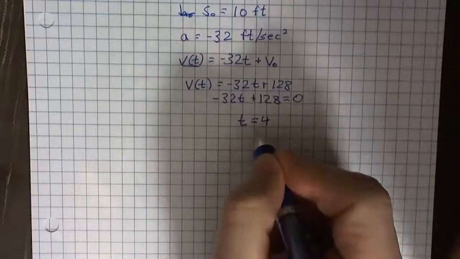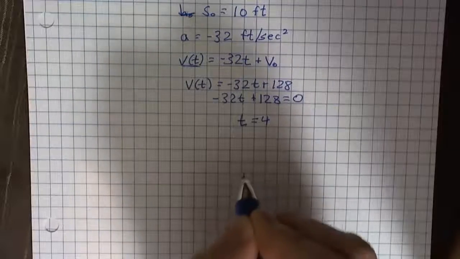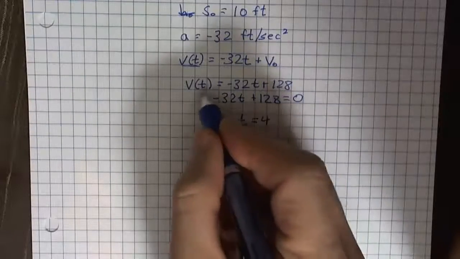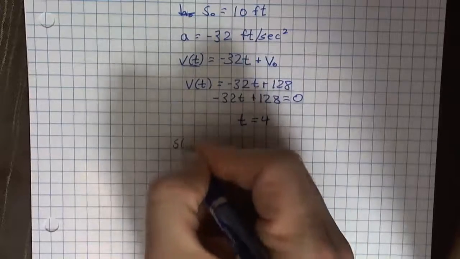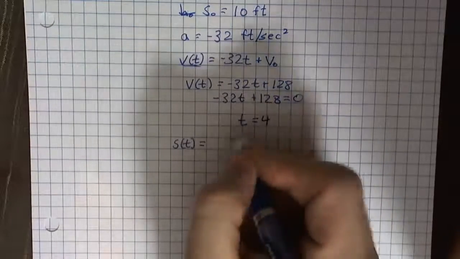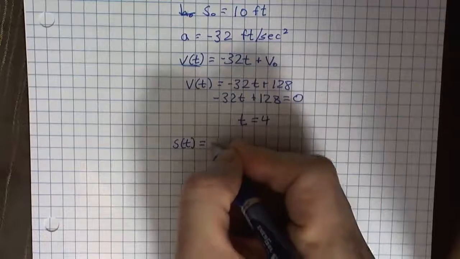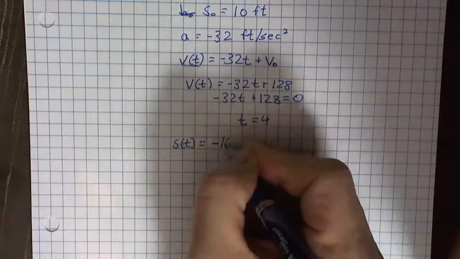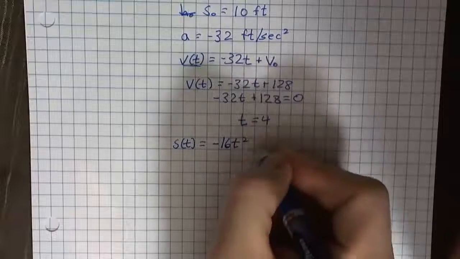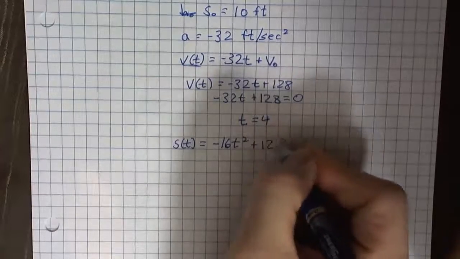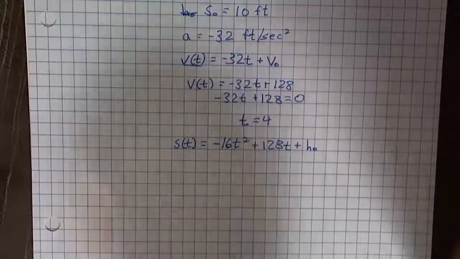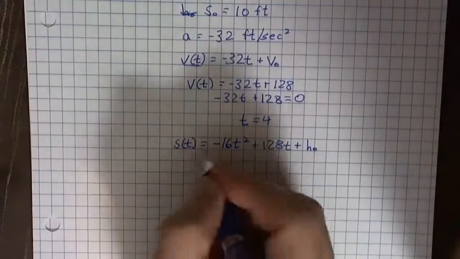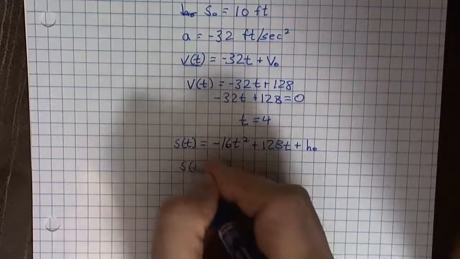Now, let's suppose we want to know, well, what is that maximum height? Well, we need to integrate velocity. So using the power rule for integration, we get the position is negative 16t squared plus 128t plus the initial height. Well, the initial height was 10 feet.